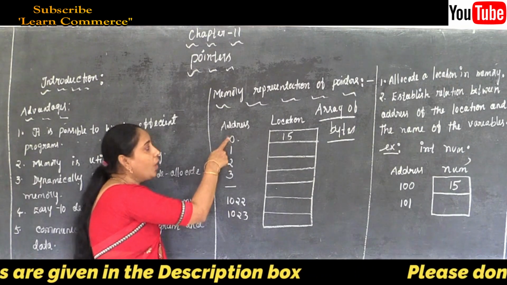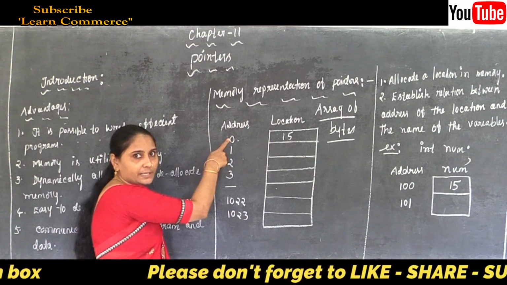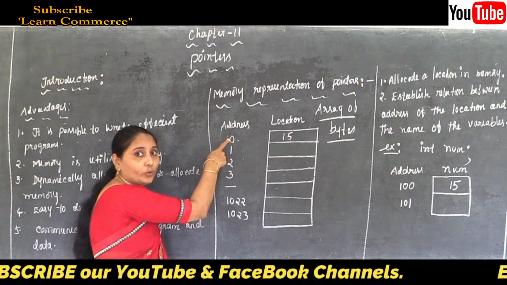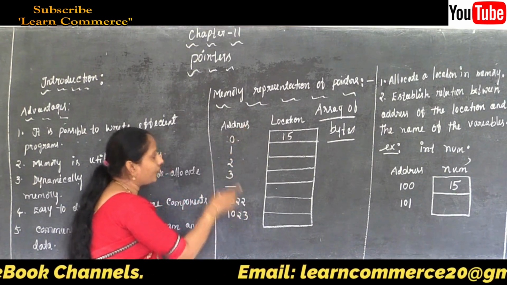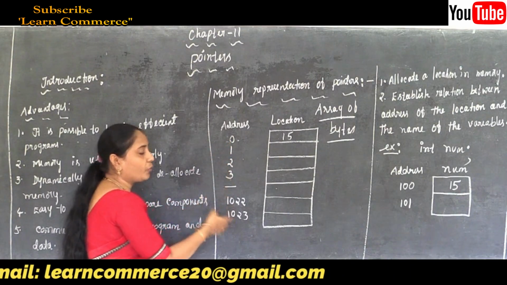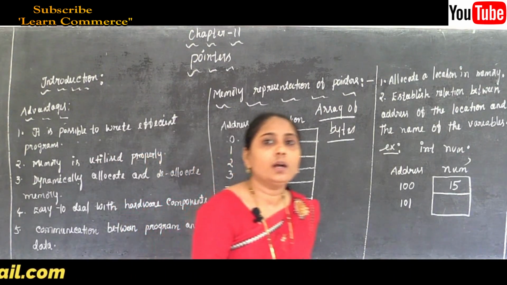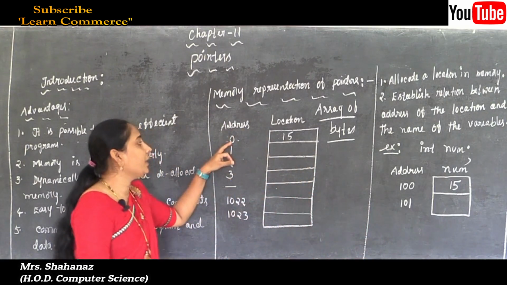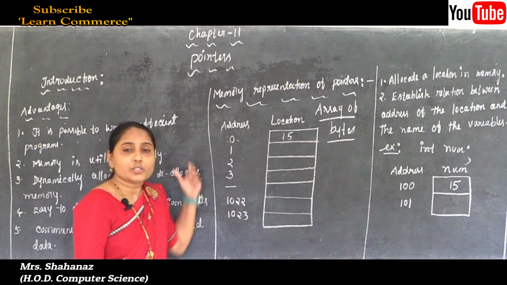Clear this point here? Whatever the address is, it is not going to repeat again. The address we need to use as a unique number. In this example, I used 0, 1, 2, 3, 4. Like that, for each value I used a different address here. So clear this point here?